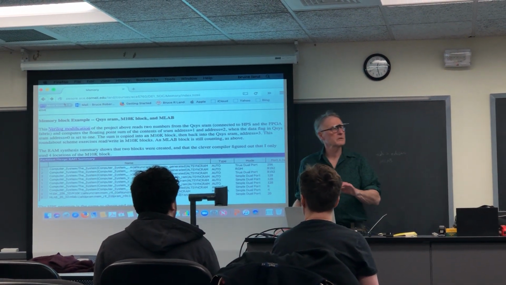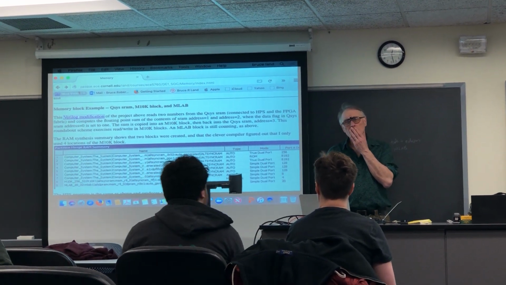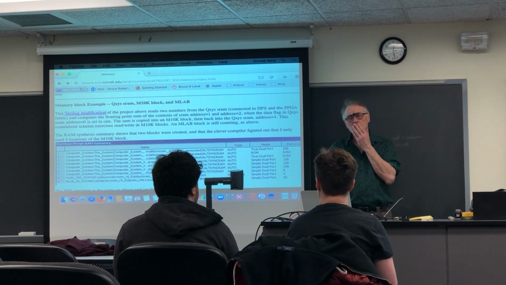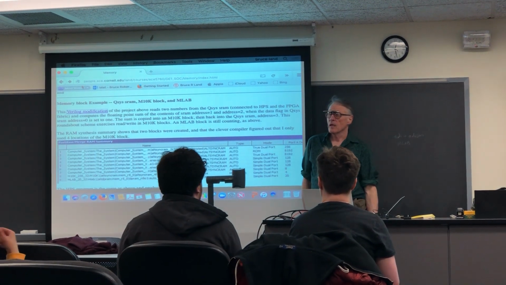Any questions about this, about memory? So apart from the different sizes, what's the difference between M10K and MLab? Not much. They have about the same limitations.